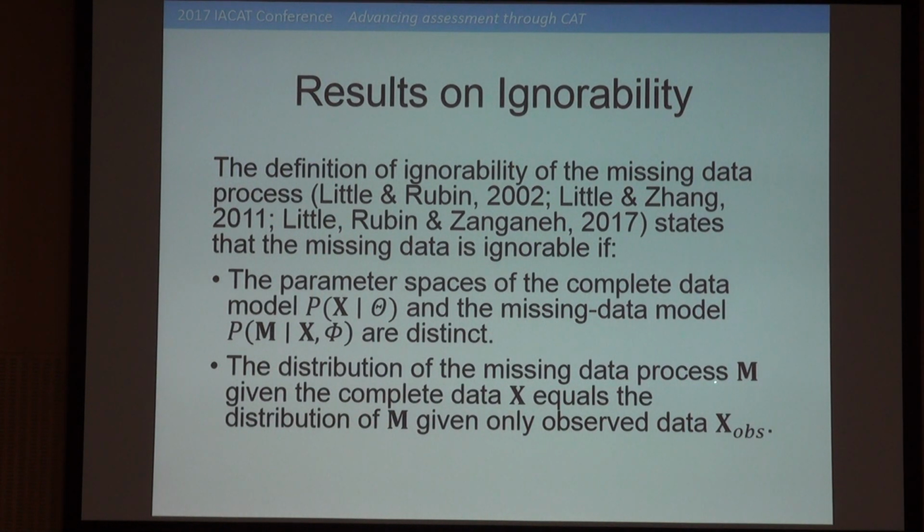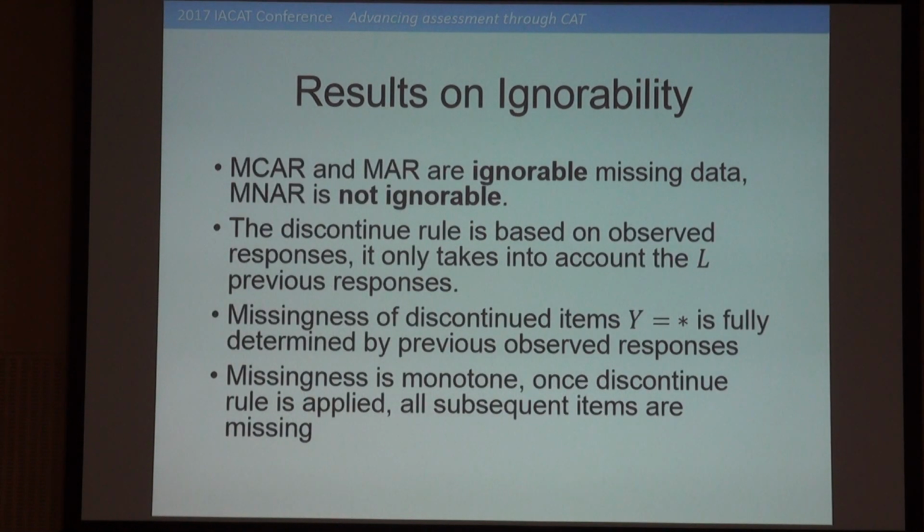And the distribution of the missing data process given the complete data equals the distribution of the missing data given only the observed data. And that's exactly what we have. So we have ignorability. However, all those intelligence tests do as if the data are not ignorable and treat those responses as wrong. So there's a little bit of a contradiction there, which leads to trouble.